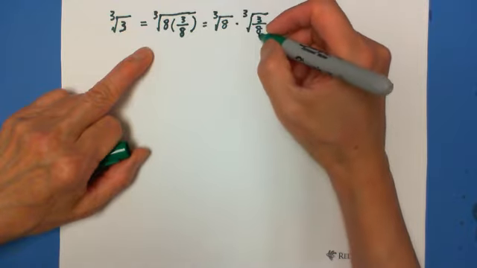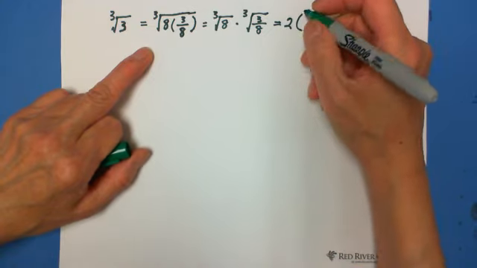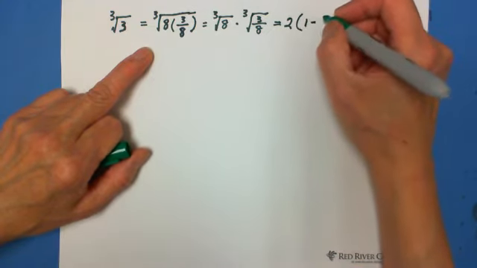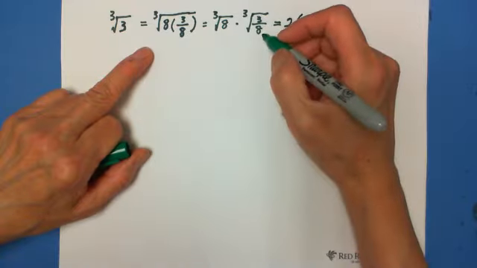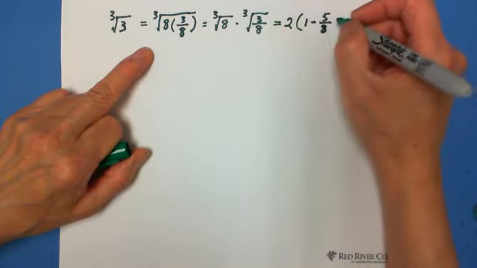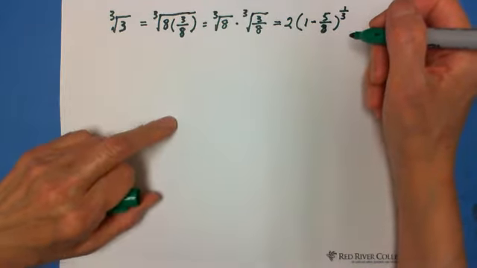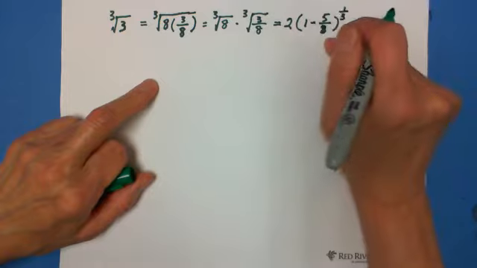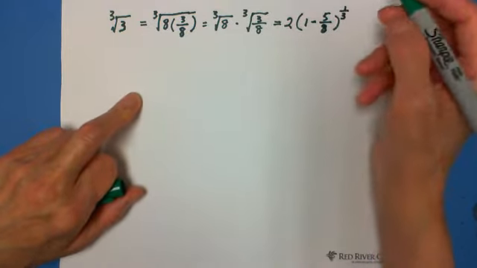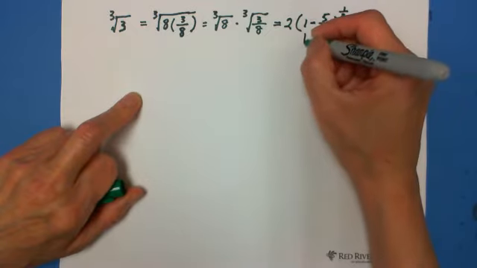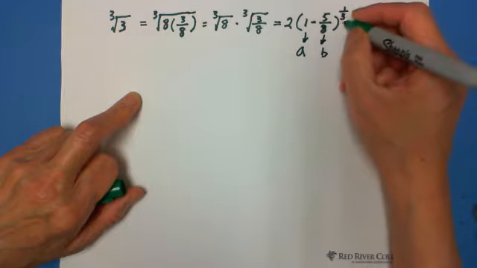And the cube root of 3/8 we can write as a binomial, which is 1 minus 5 over 8, because 3 over 8 equals 1 minus 5 over 8, all to the power 1 over 3, right? And then we can try this one. This is the a, this is the b, and this is the n.